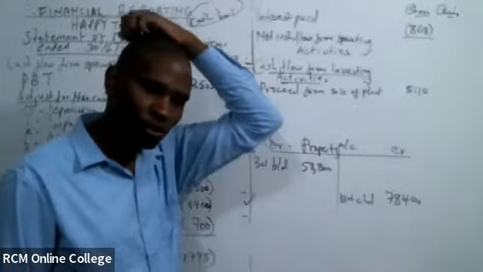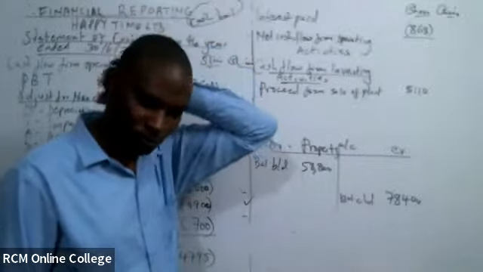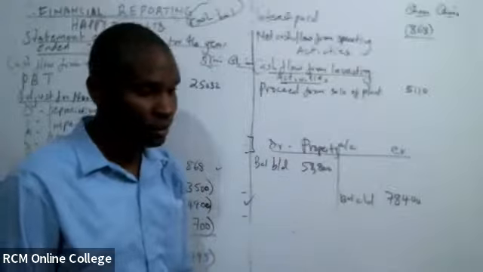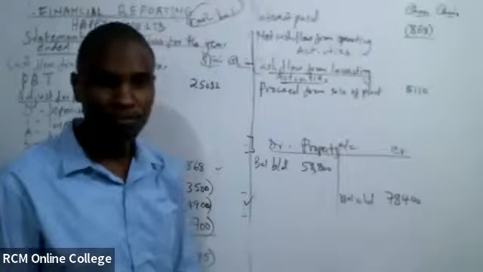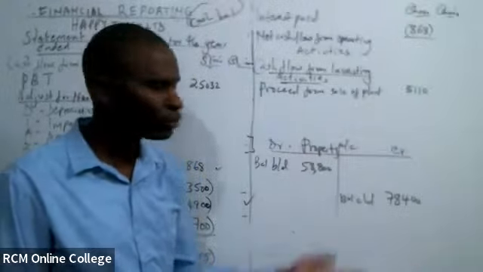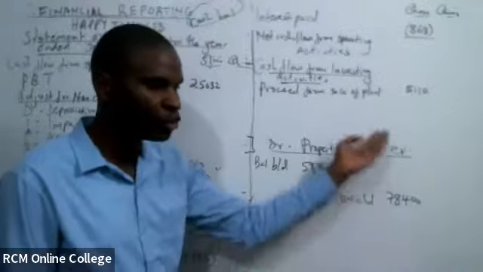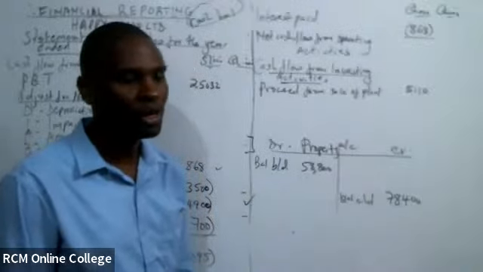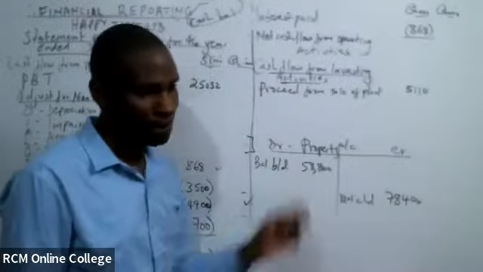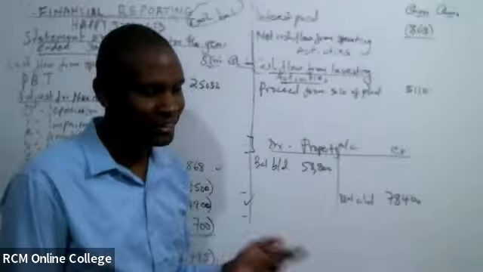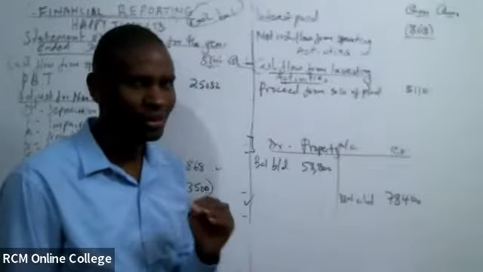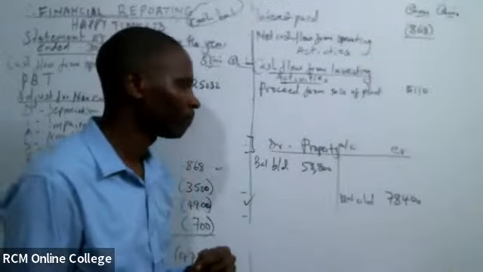And what do you think will reduce the property? Tunaweza kuwa na depreciation. Tunaweza kuwa na disposal. Maybe imeuzwa. So you credit anything that reduces this property. Anything that increases this property is debited. So that's something that you need to know.